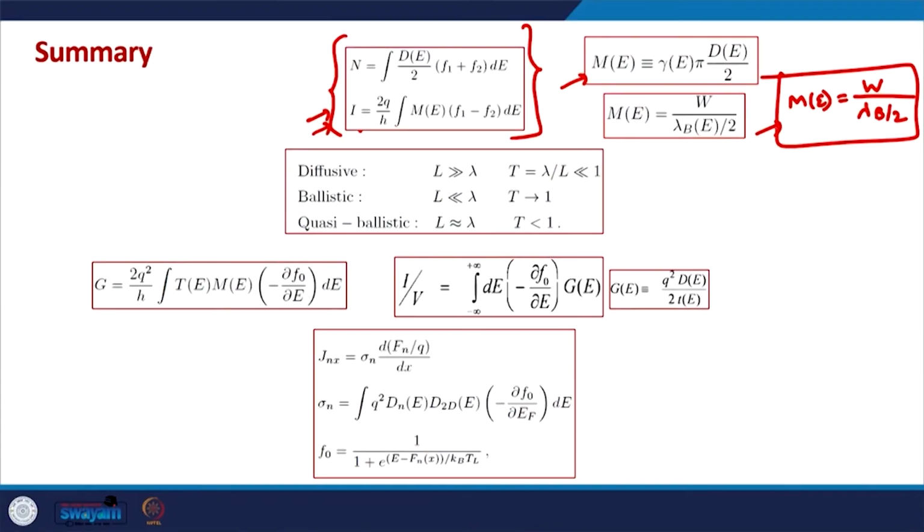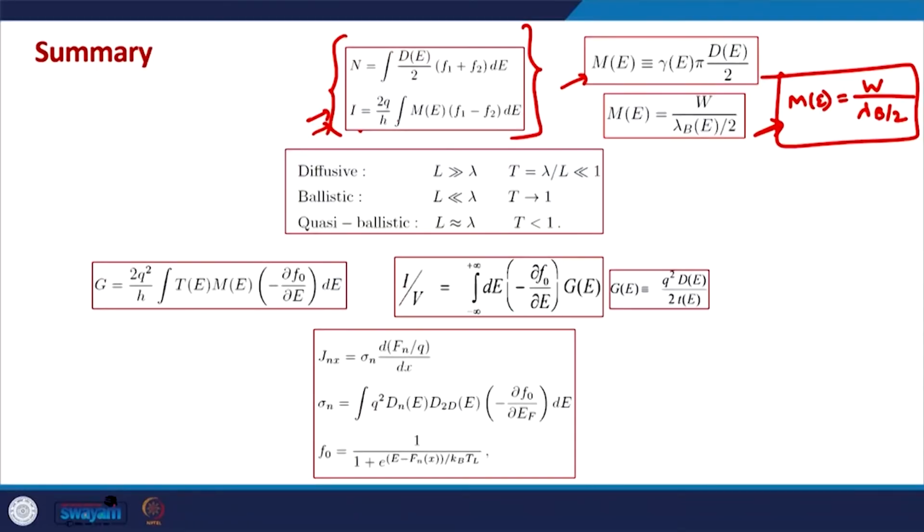So, M(E), which is the modes or the conduction pathways, is essentially the number of half wavelengths that can fit into the width of the conductor. So, that is what this idea of modes tells us. And this makes sense intuitively as well.